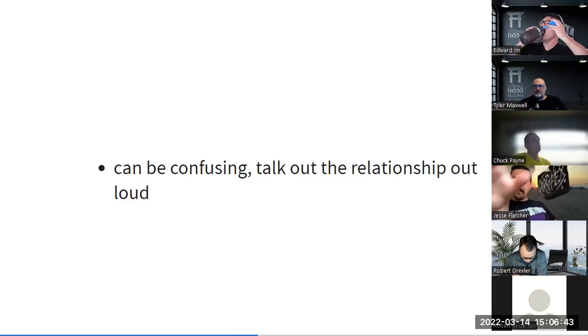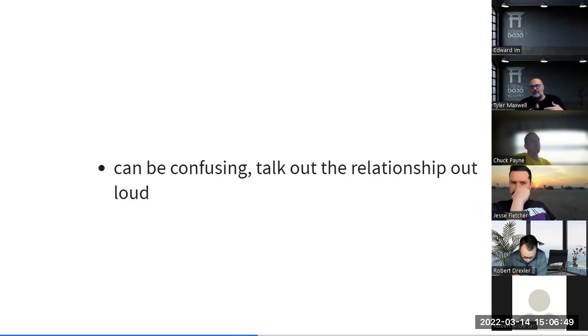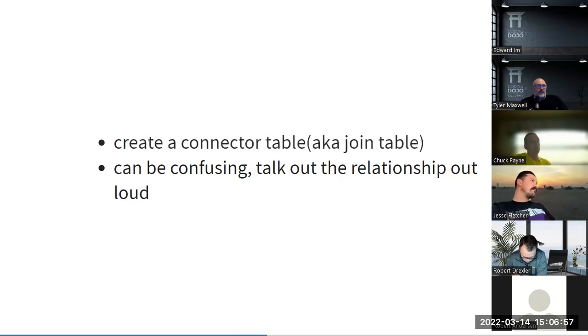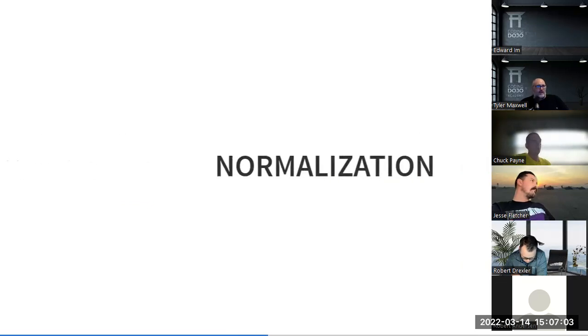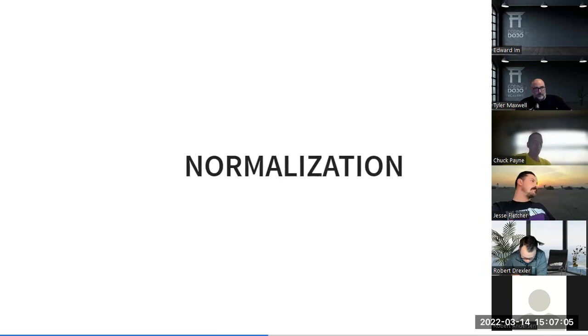So the best thing to do is to just talk out the relationships that exist, and we ultimately decide whether or not we want a many-to-many relationship or a one-to-many relationship. And you have to have a connector table, also known as a join table. All right, and I'm going to probably do a demo on many-to-many just so everybody gets more comfortable with them.